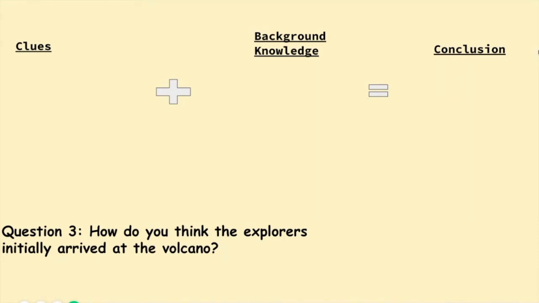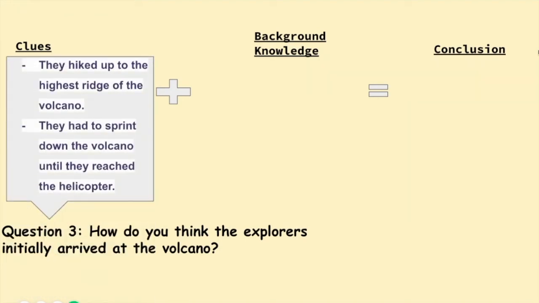All right, so question number 3 said, how do you think the explorers initially, or first, arrived at the volcano? Well, the clues in the text said that they hiked up to the highest ridge of the volcano. So they walked that part. But we also know that they had to sprint down the volcano once it started to erupt until they reached the helicopter.